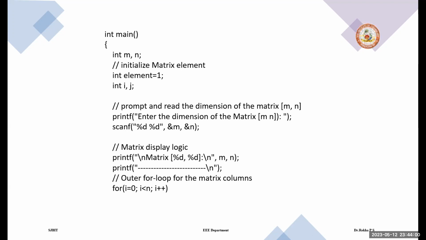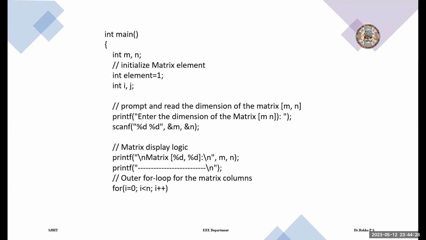Once the user has entered it, that value should be read through the scanf function. So %d indicates integer. You are reading two integer values, m and n, that's the order of the matrix.